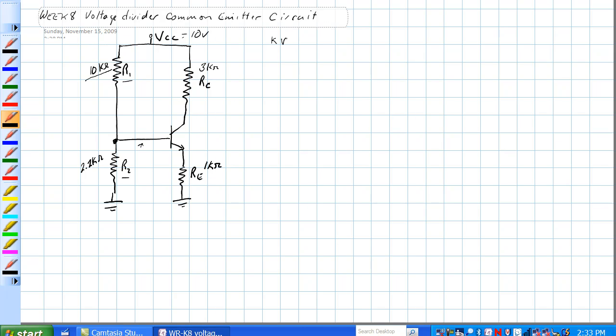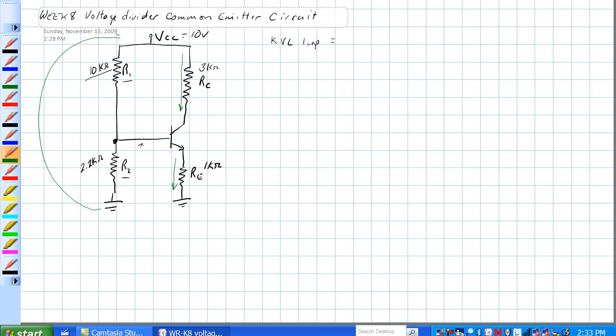So KVL loop 1, let's make it this one. This loop here, current goes here. KVL this one: we start out at ground, and then go to the 10 volt source here.